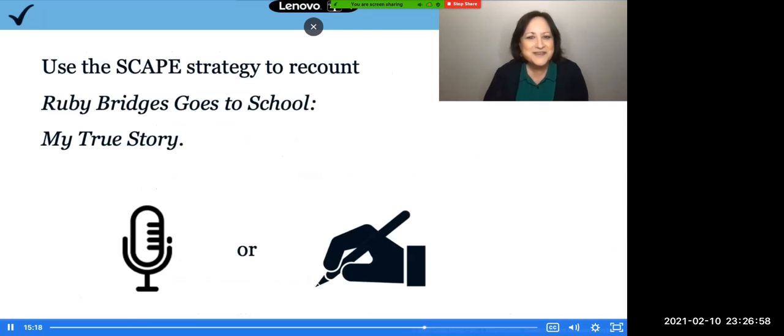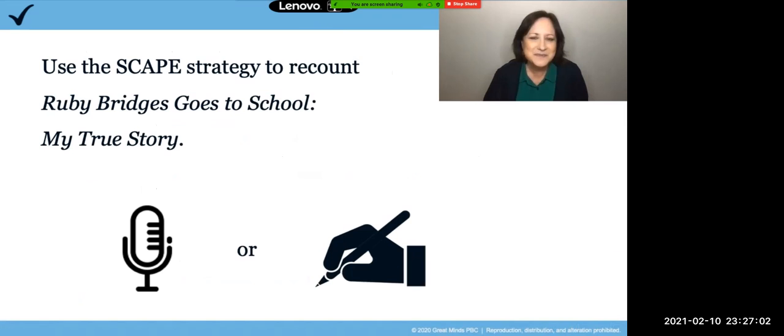There's a check mark in the corner, and you know what that means. Your teacher's going to take this opportunity to check in with you. This time, you'll be using the SCAPE strategy to recount Ruby Bridges Goes to School, My True Story. You'll recount what happened in this text using the story elements in SCAPE.